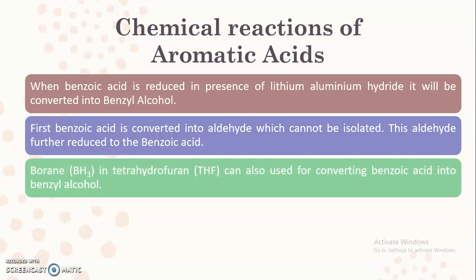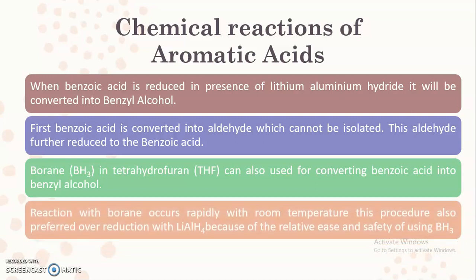Now instead of lithium aluminum hydride, we can use borane, that is BH3, in the solvent tetrahydrofuran for conversion of benzoic acid into the benzyl alcohol. What are the advantages of using borane in tetrahydrofuran? The reaction with borane occurs very rapidly, and it can also be carried out at room temperature.